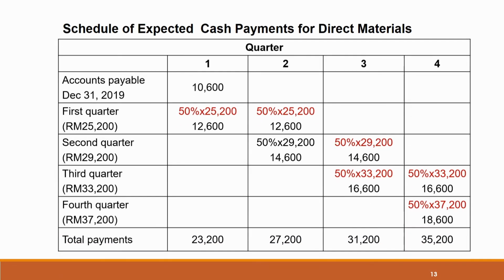And the next one, we have to prepare the schedule of expected cash payment for direct material. So based on the question, direct materials, 50% are paid in the quarter of purchase. So you look at the first row. This one is the ending balance from 2019 and it will be paid in the first quarter of 2020.